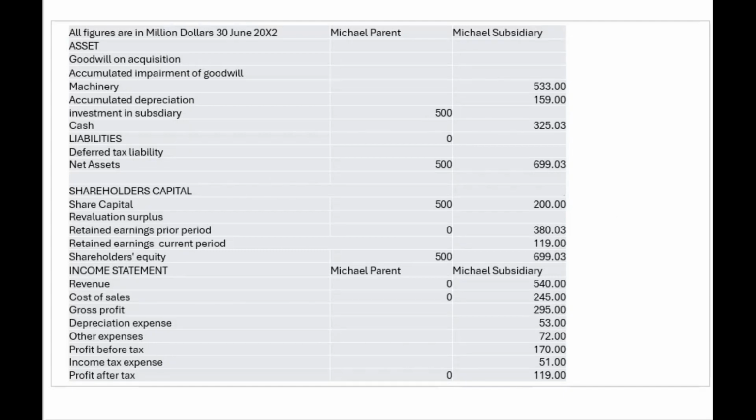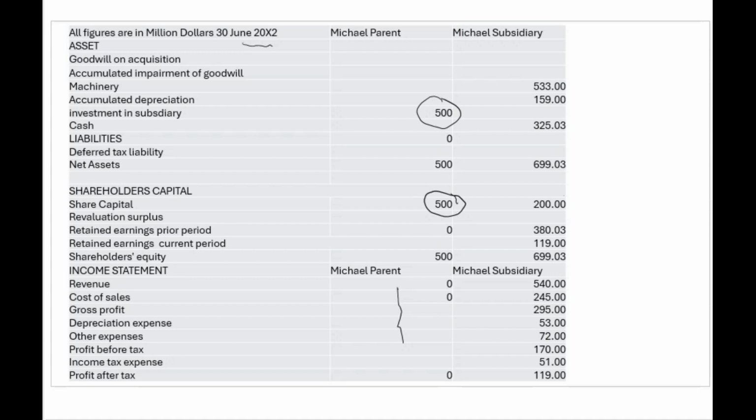June 20X2, 2 years after, the financial statements are given. The parent, the share capital, and the investment is shown, and there's no activity in the income statement showing that Michael parent is a passive investor.